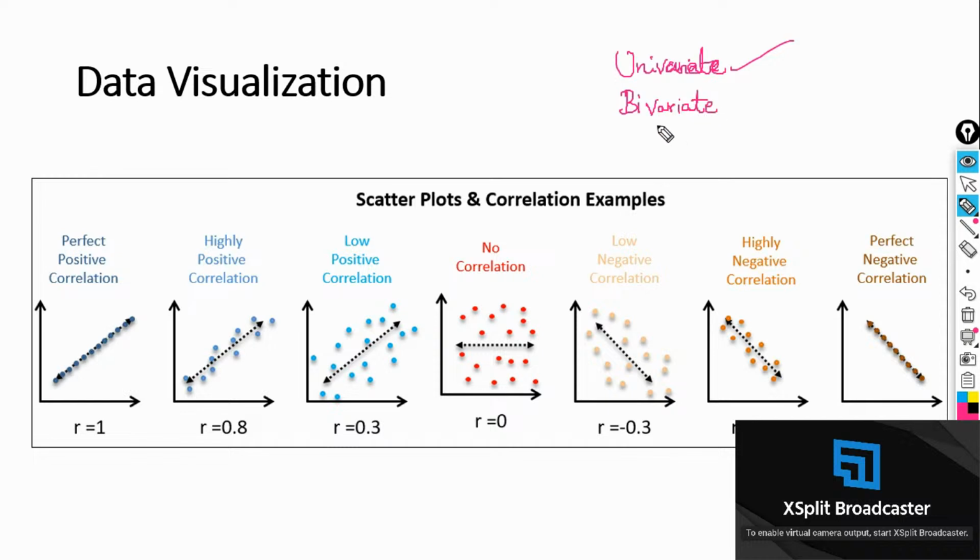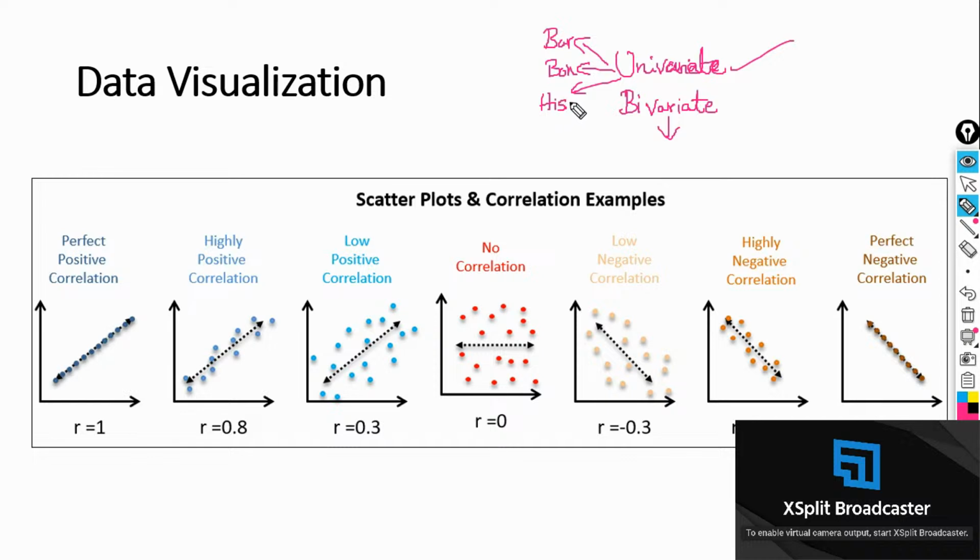What is this bivariate visualization? Nothing but taking two columns at a time. We'll take two column data and visualize the data which is present in these two columns at a time. What is the plot that is present under bivariate? Under univariate, what are the plots? Bar plot, box plot, histogram.